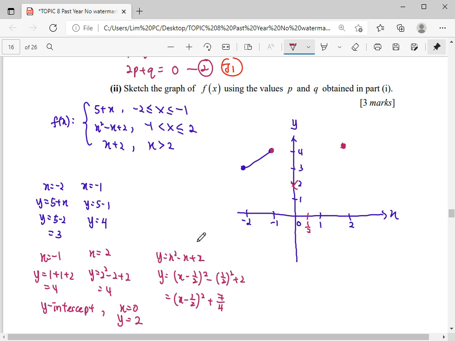After completing the square, we can see our minimum point, which is (1 over 2, 7 over 4). This is our 1 point something. So our smiley graph will intercept at 2, with the symmetrical axis at 1 over 2, and going up back. So this is our quadratic.